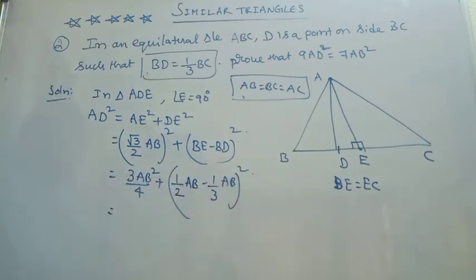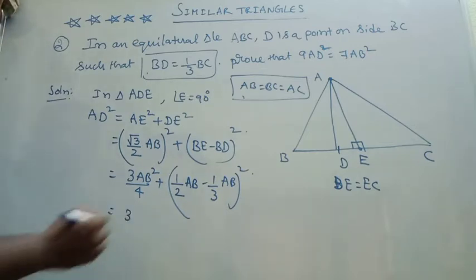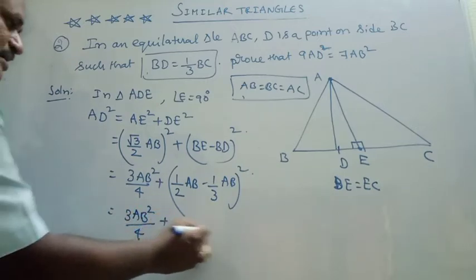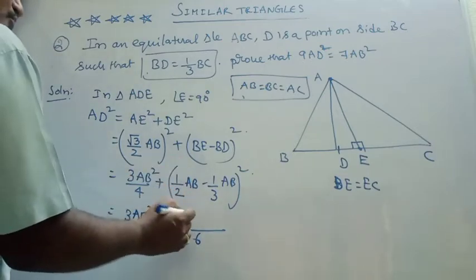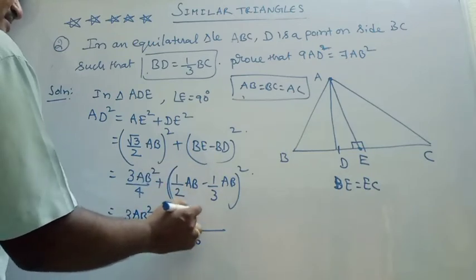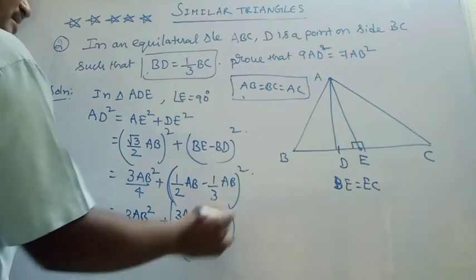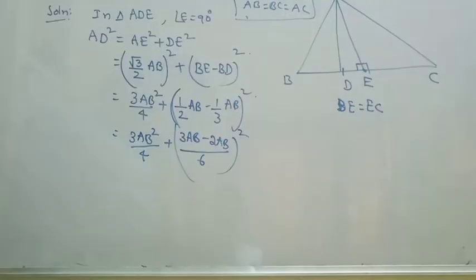Once we have got this, it is 3AB square by 4 plus, if you take the LCM as 6, (3AB minus 2AB) whole square by 6 square.